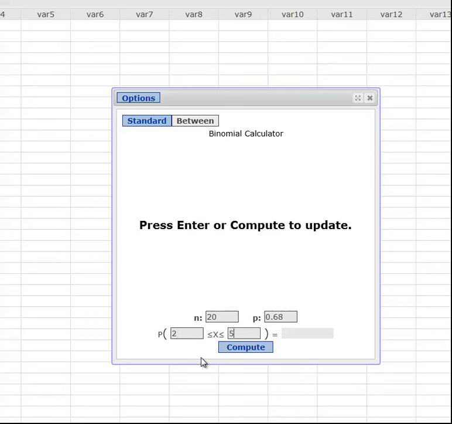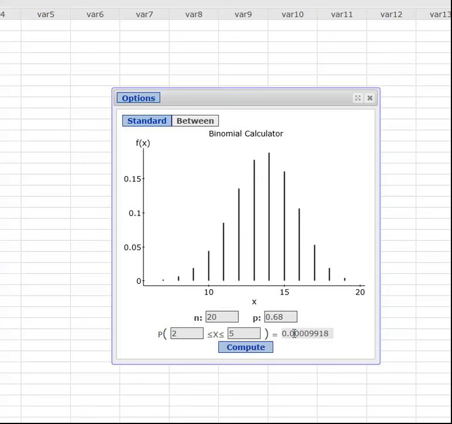That would be asking for the probability that I get between 2 and 5 adults inclusive. Unfortunately, we can't change these inequalities, so it only encompasses the inclusive case for these endpoints, but still that's a feature the calculator doesn't have. Again, I can click on compute.